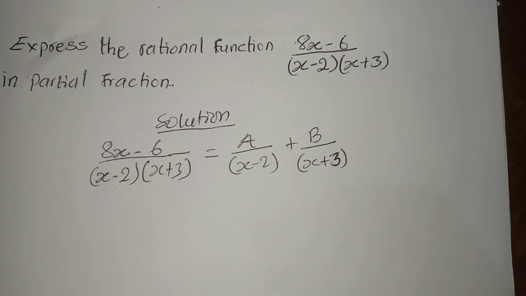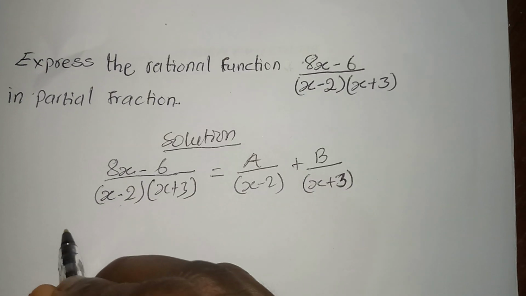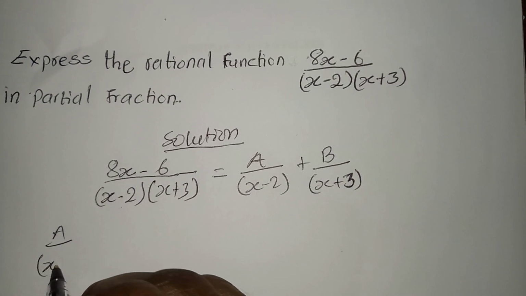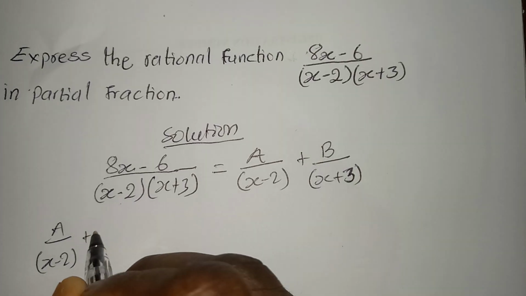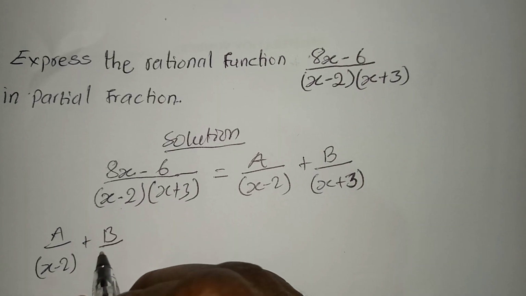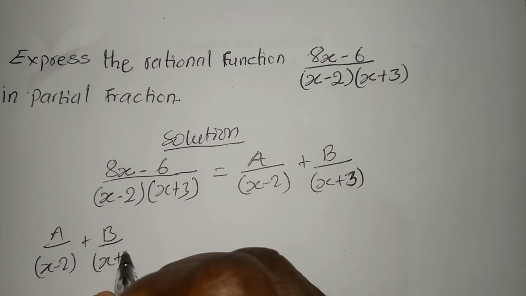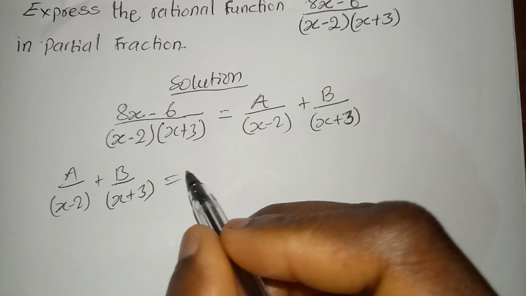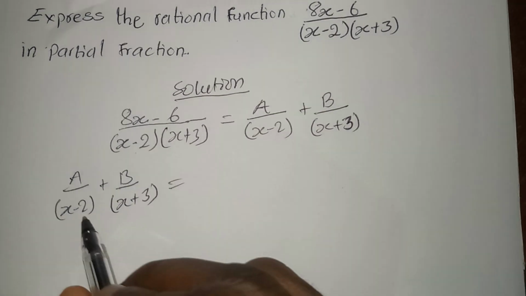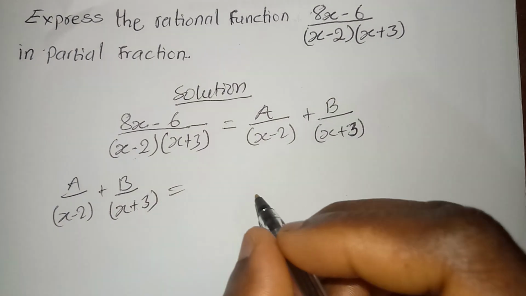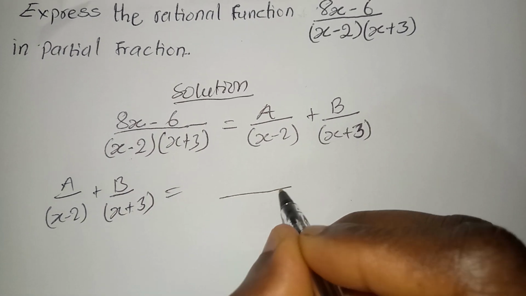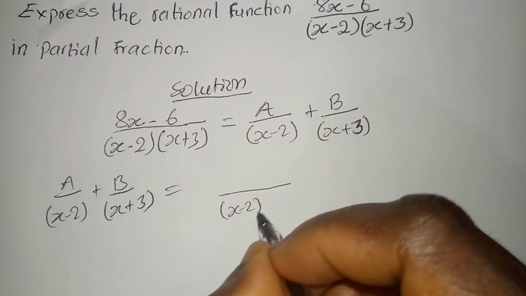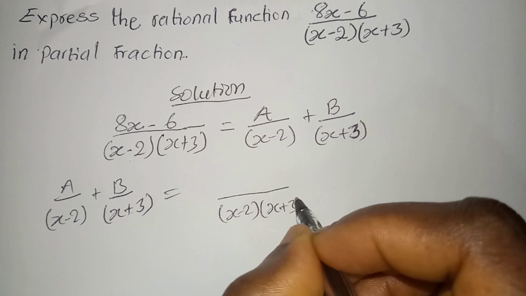So we must bring this together: A over x minus 2 plus B over x plus 3. Now this will be equal to, by finding the LCM, our LCM will be these two factors: (x minus 2)(x plus 3).